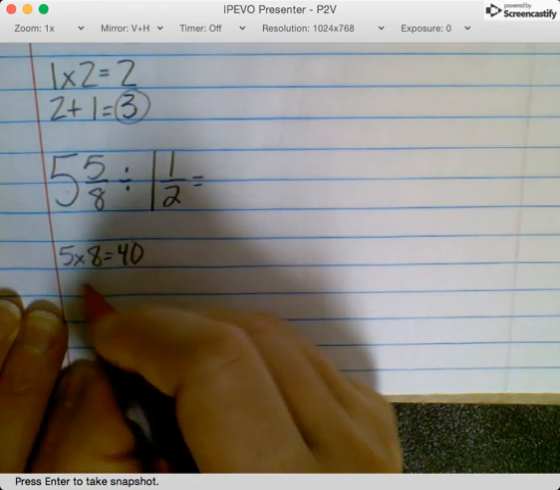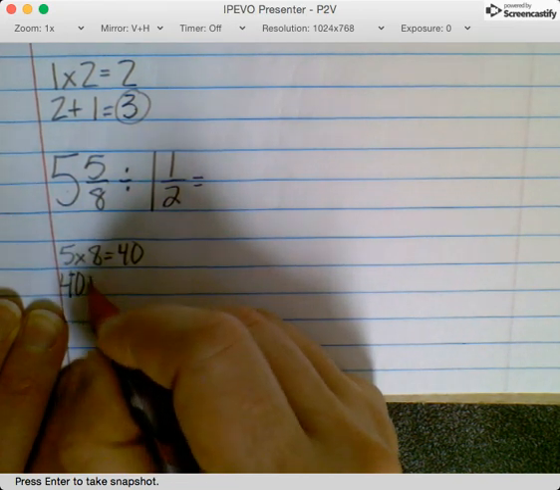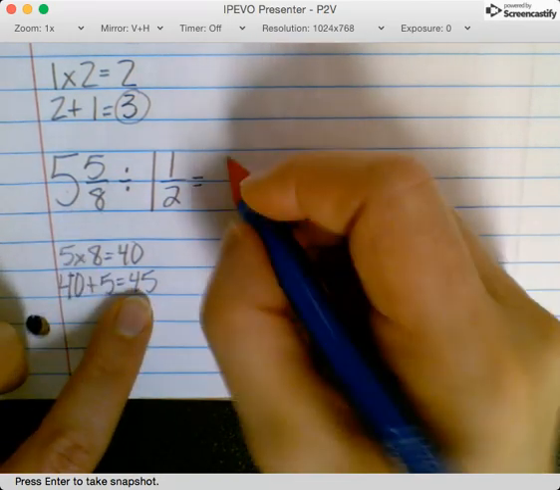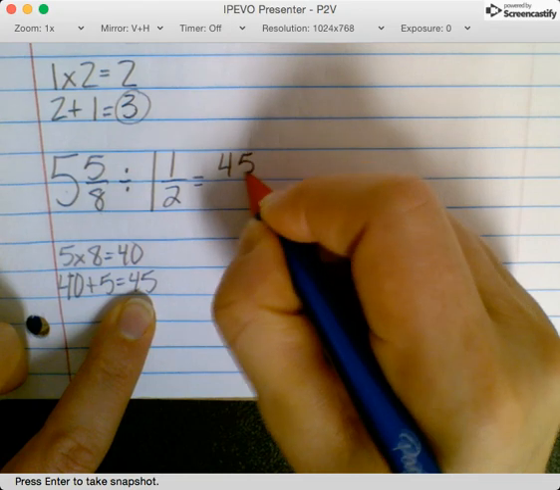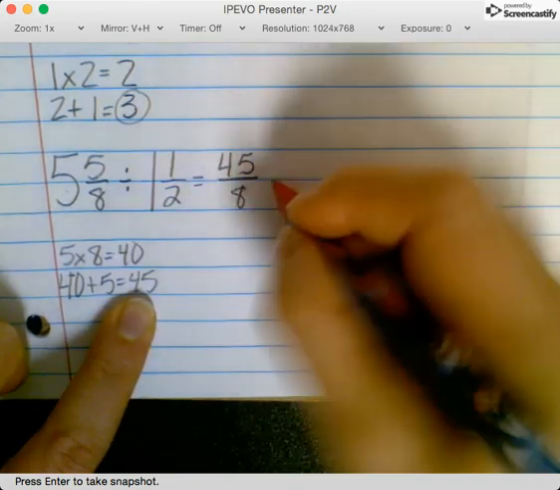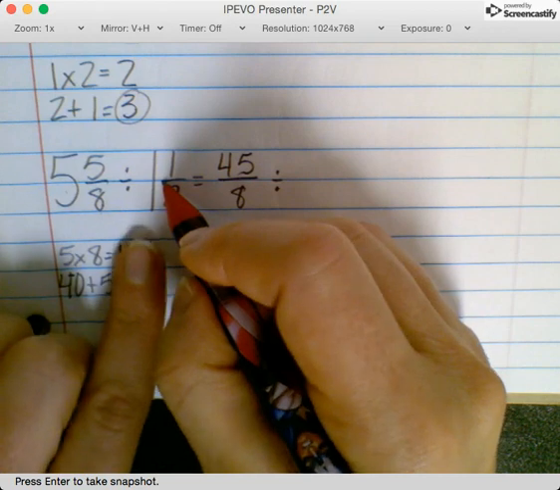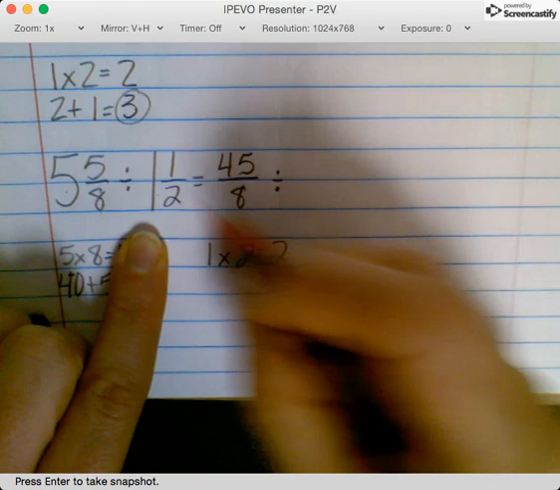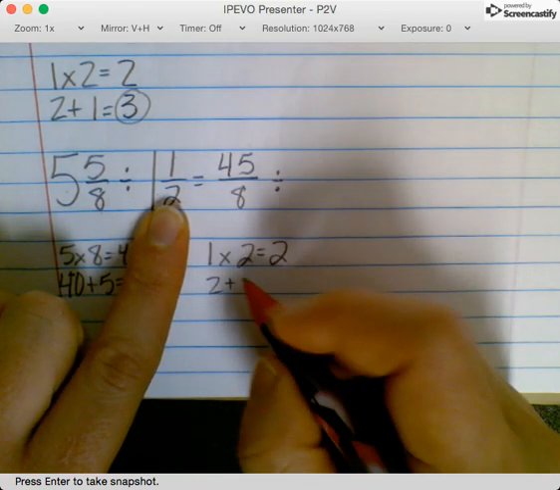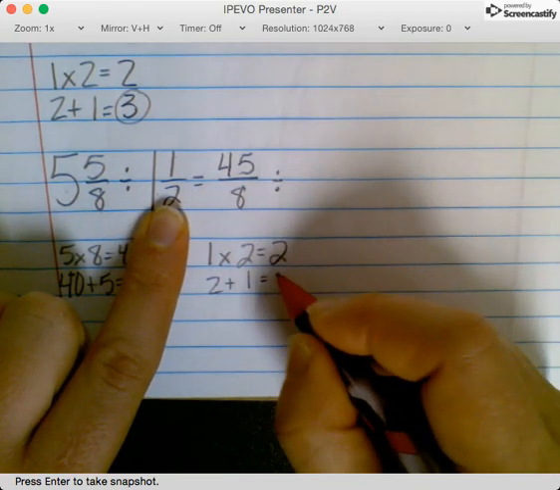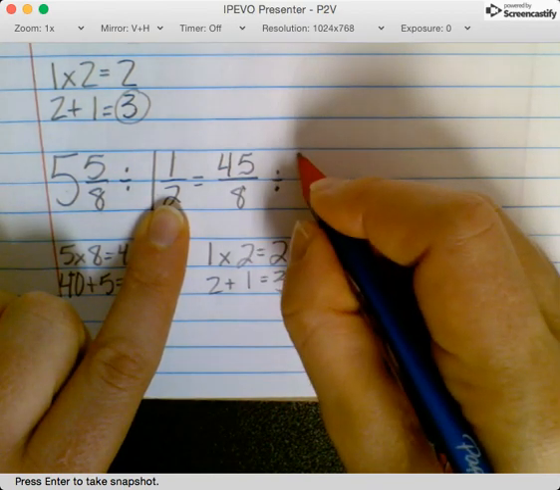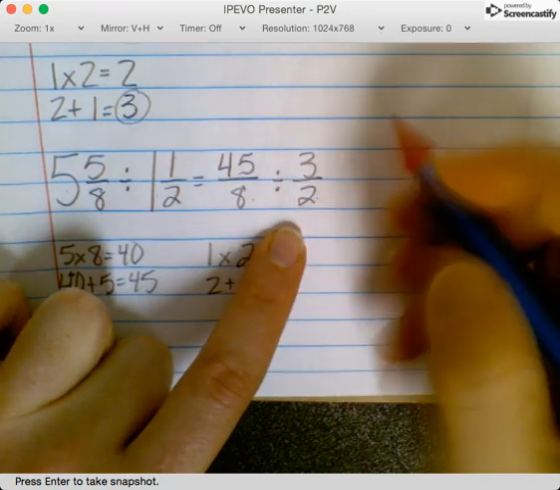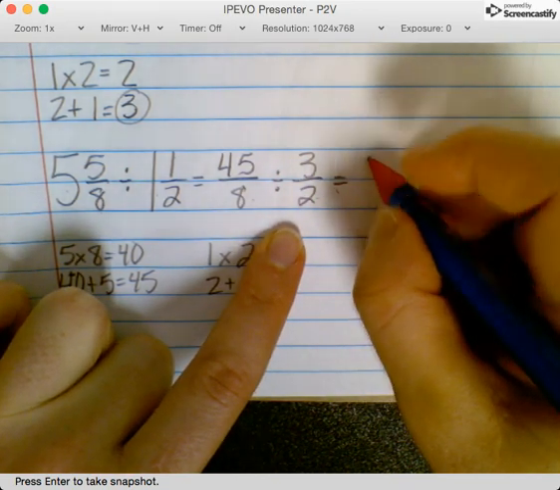And then I add my 5, so 40 plus 5 is 45, and I'm just going to rewrite this with a new numerator. 45, denominator stays the same, so 45/8 divided by, and then I do 1 times 2 equals 2, and then add in my numerator to my answer. 2 plus 1 is 3. And so then I have 3/2.